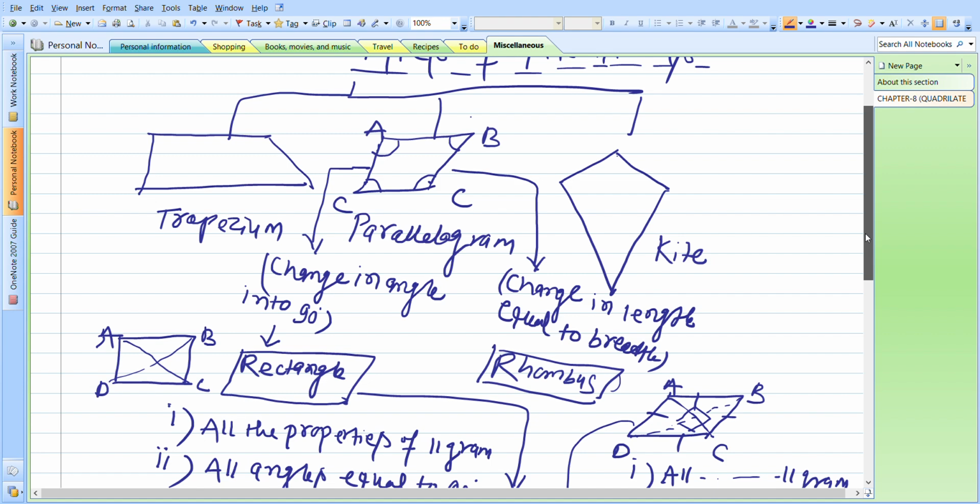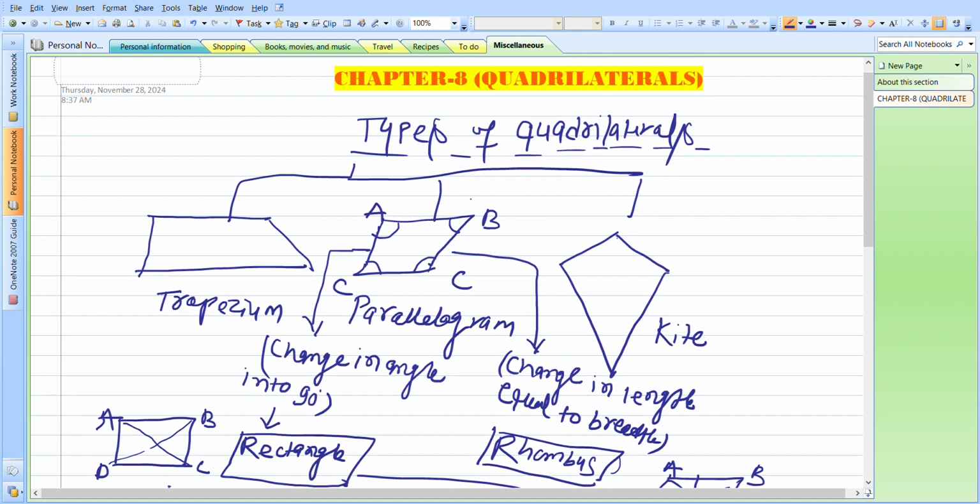There are three types. One is the trapezium, where only one pair of opposite sides is parallel. Second is the parallelogram, where two pairs of opposite sides are parallel. Third is the kite, where only adjacent sides are equal.